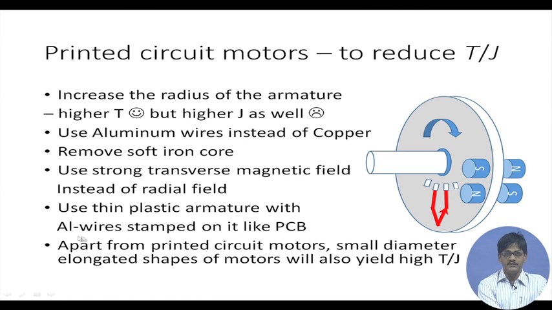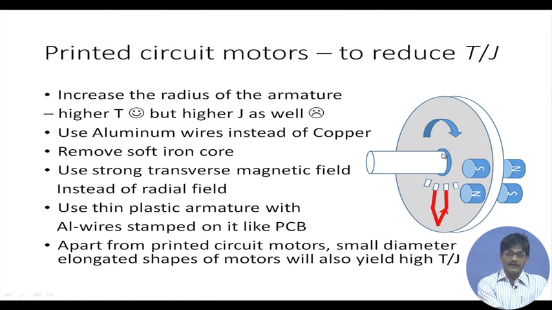Aluminum wires are stamped on the armature as if the armature were a printed circuit board; an extremely thin plastic armature is used, and just like we have stamped circuits on it, we have the armature wires made of aluminum. That sufficiently reduces the weight of the armature, so mass comes down in the denominator.